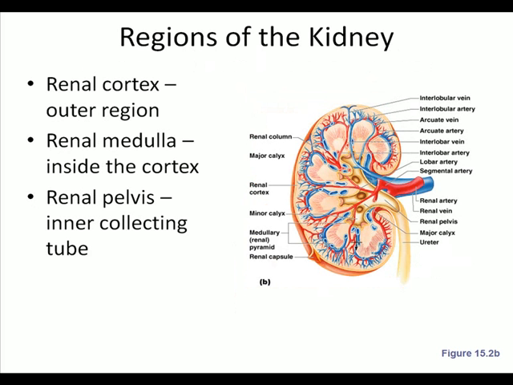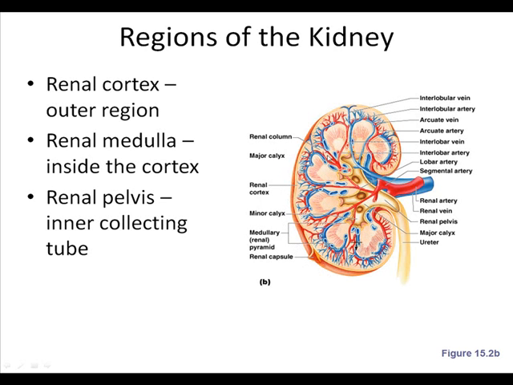Let's look a little closer at the kidney. The kidney has three key regions. The very outer portion of the kidney is called the renal cortex. And then there is a layer of the kidney called the renal medulla.